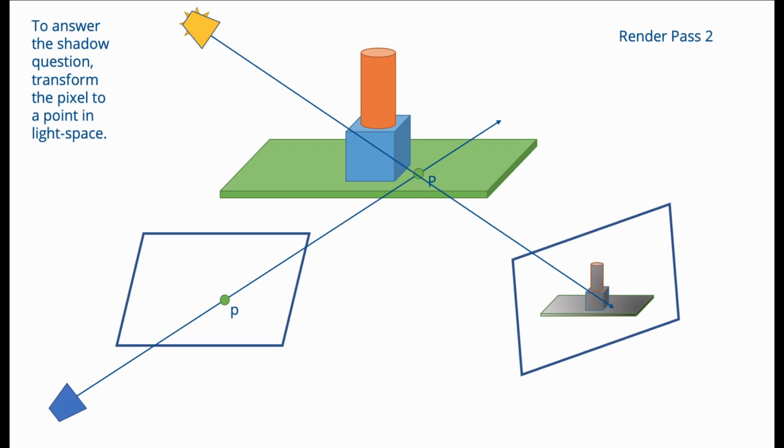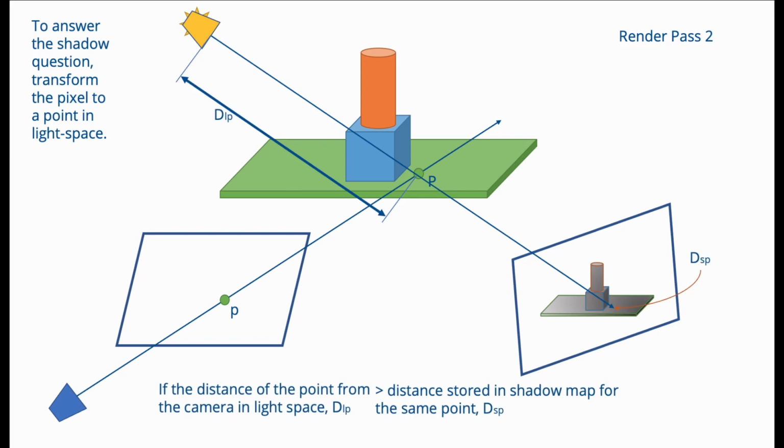When you do that, you will be able to measure the distance of this point, capital P, from the camera placed at the light source. Let this be given by DLP. For the same point, in the first render pass, you would have recorded a depth in your depth map. Let this depth be DSP, because this is the depth corresponding to P in the shadow map.